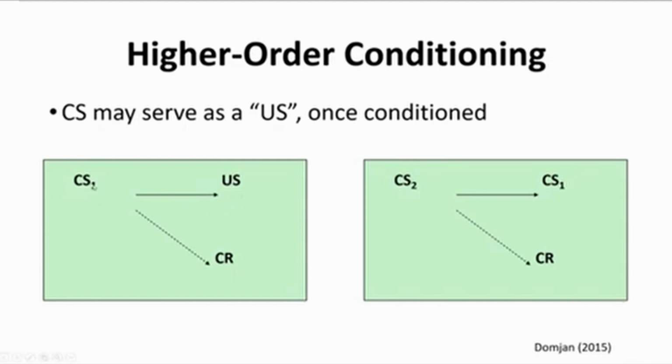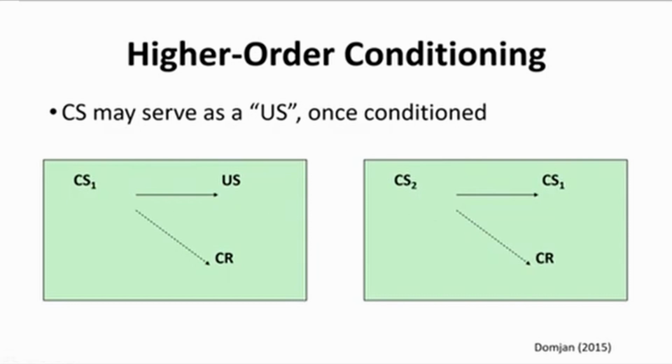But once we've trained this conditioned stimulus to produce a conditioned response, we no longer need that unconditioned stimulus to be present. Once we've gone through step one, we can move on to step two, where we take a new stimulus and associate it with our already trained conditioned stimulus. So now we have a secondary conditioned stimulus associated with our first conditioned stimulus, and that new CS will then come to produce a CR.